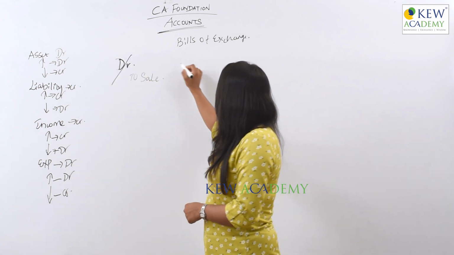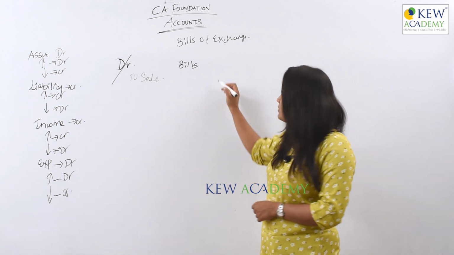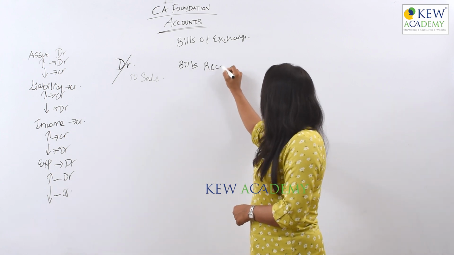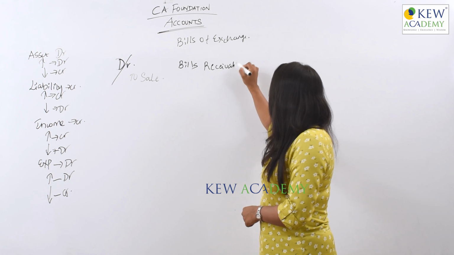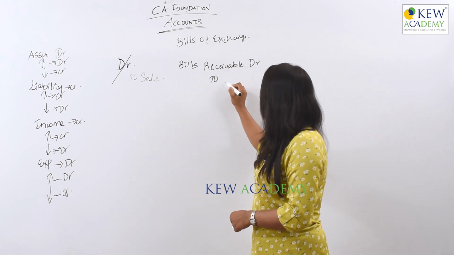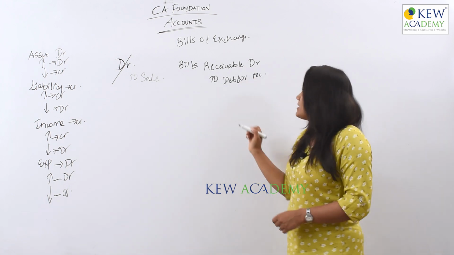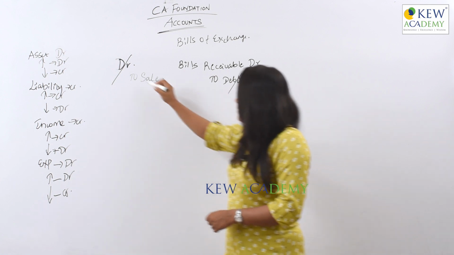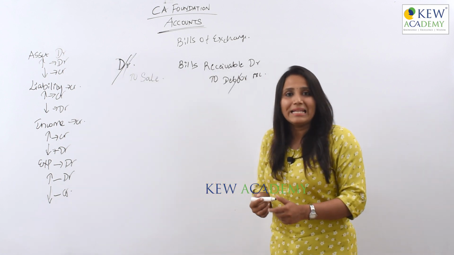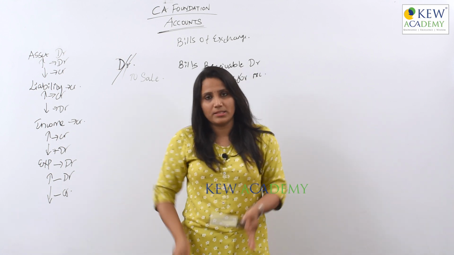Instead of this debtor, we'll have something called bills receivable. So what is the journal entry? Bills receivable account debit to debtor account. Debtor account credit and debtor account debit are getting cancelled. Tell me what we have with us now? We have the bills receivable.